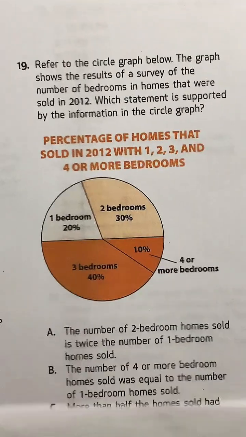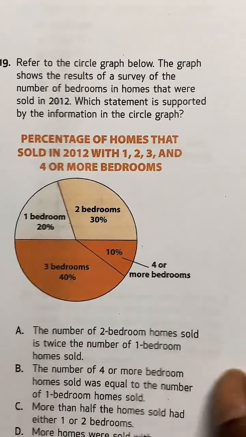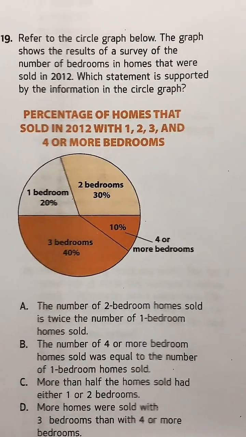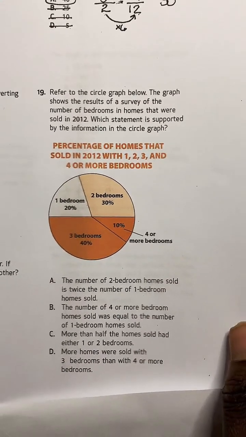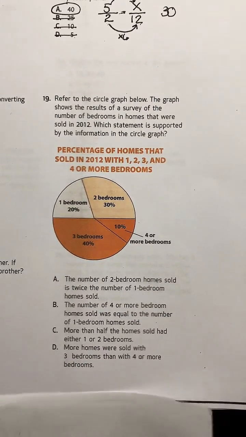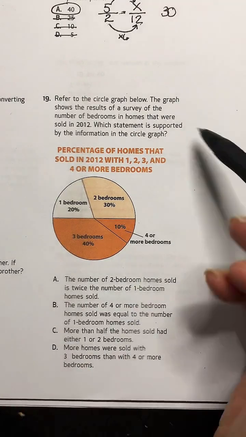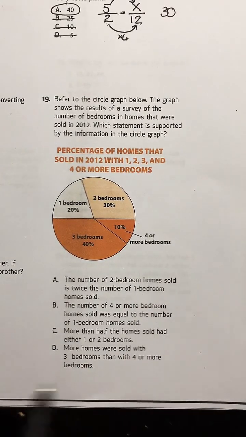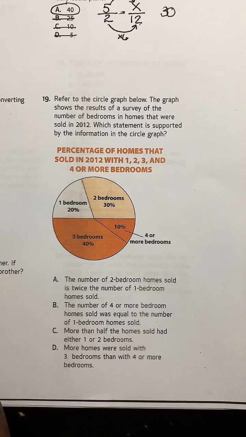Alright, so let's try this one. This one I'm going to have to shrink, so you're probably going to go half blind, and I'm going to move it up after I read the first part. So, refer to the circle graph below. The graph shows the results of a survey of the number of bedrooms in homes that were sold in 2012.